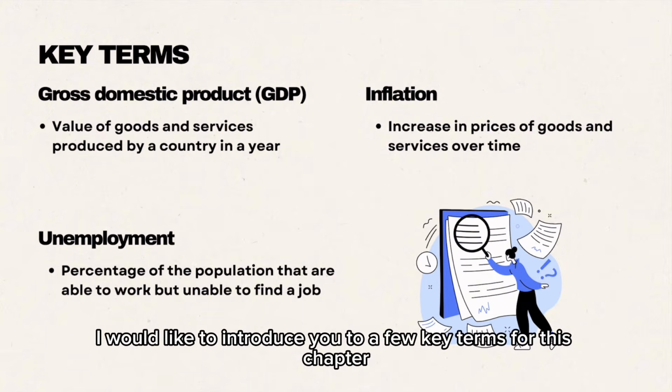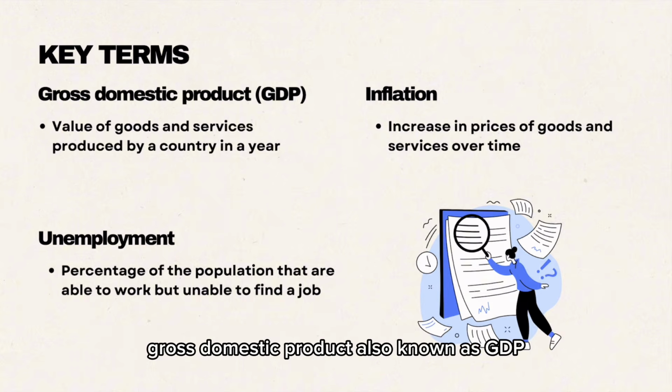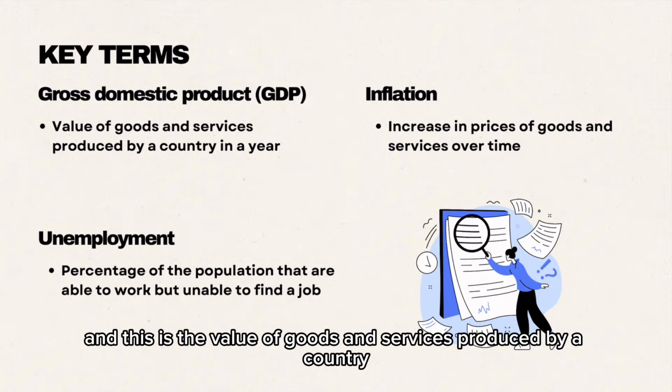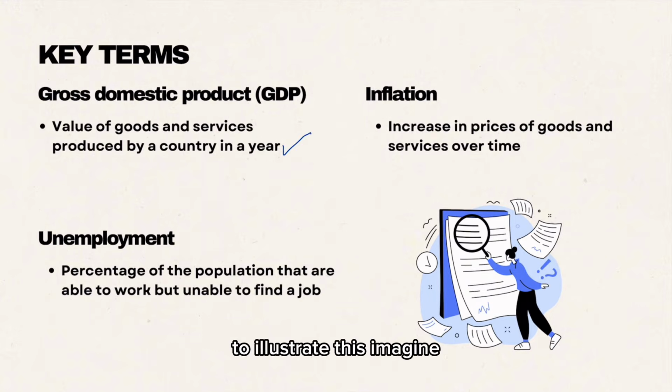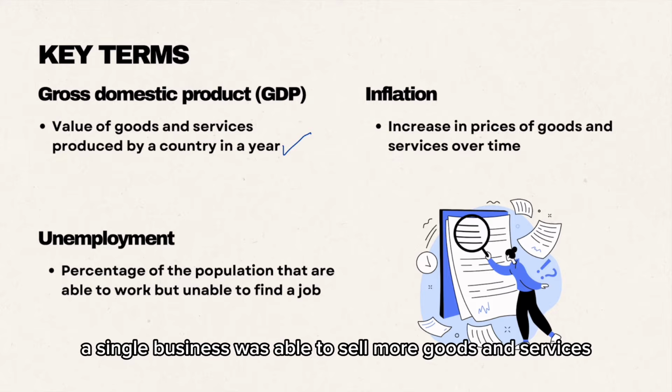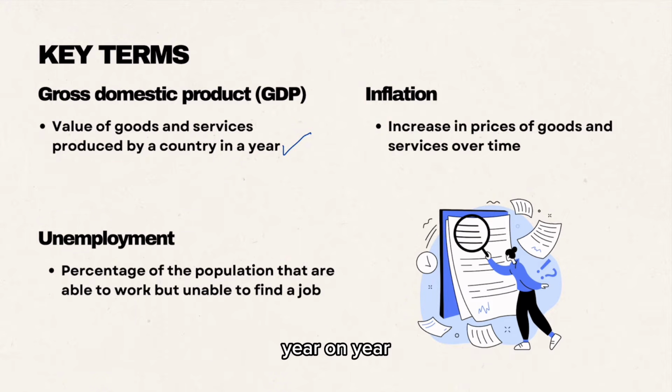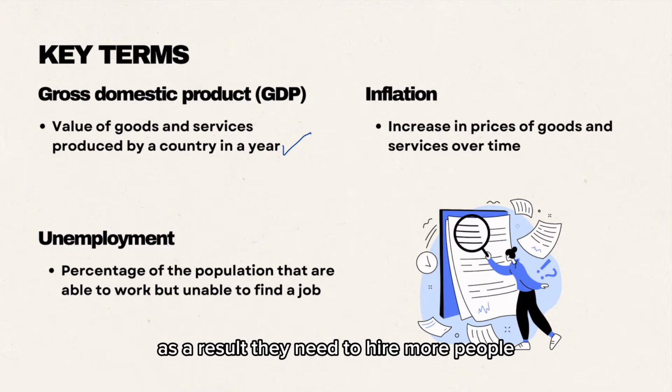Firstly, I would like to introduce you to a few key terms for this chapter. Gross domestic product, also known as GDP, is the value of goods and services produced by a country each year. To illustrate this, imagine a single business was able to sell more goods and services year on year. As a result, they need to hire more people in order to cope with the additional demand.